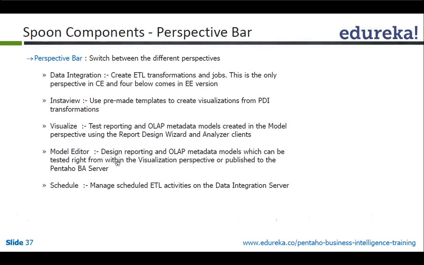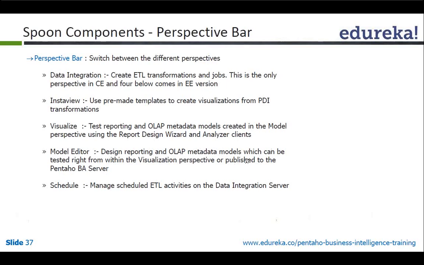Then the model editor. All these visualization and model editor features are available in community edition as well, but they are offline features. Like the model editor, we have seen PME is one of their offerings. Typically at the inception phase you will be using that to design reporting and OLAP metadata models.